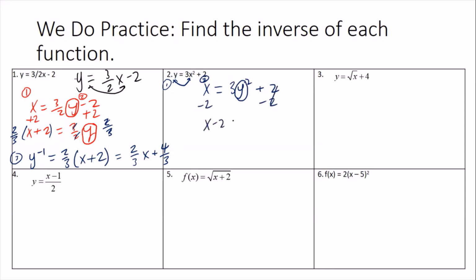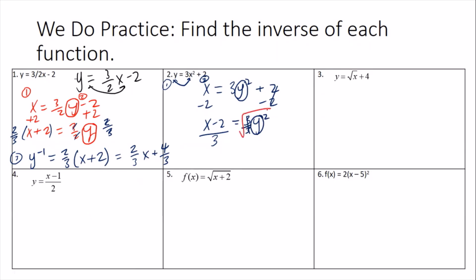And we have x minus 2 equals 3y squared. And you want to keep trying to get y by itself. Is y by itself yet? No. So what's the next thing I need to do? It's a multiplication, so divide by 3. So I'm going to divide everything by 3. So now we have this, and y is still not by itself.